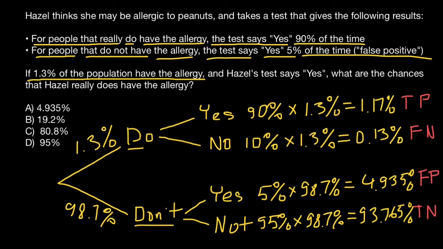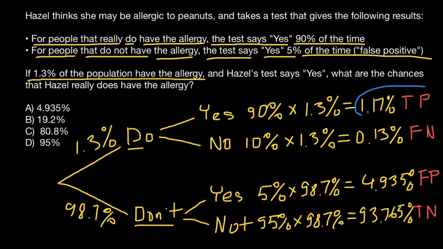Now let's read our question again. If 1.3% of the population have the allergy and Hazel's test says yes, so she has the allergy, what are the chances that Hazel really does have the allergy? How many people in this population would test positive? As you see, of course, those who do have this allergy and test positive, so true positive.